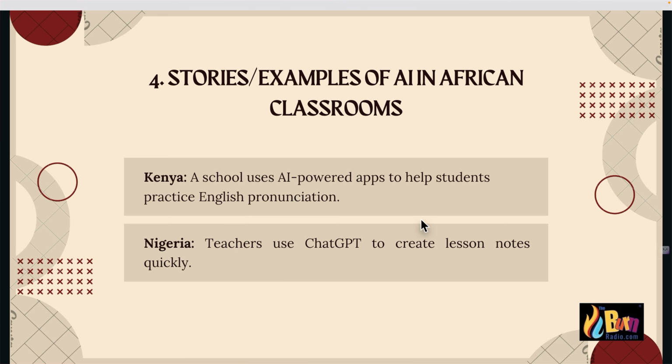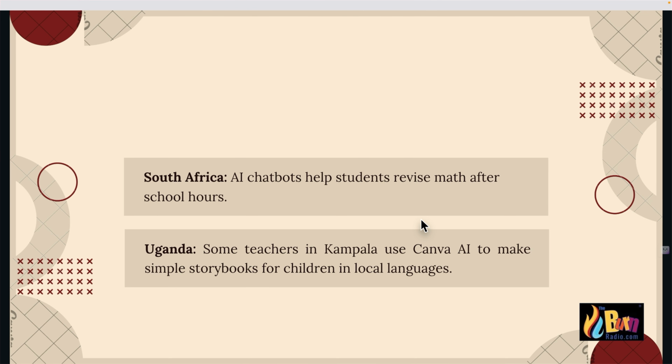And to give you some examples, or to inspire you, in Kenya there are many schools that use AI-powered apps to help students practice English pronunciation. In Nigeria, teachers use ChatGPT to create lesson notes quickly. And in South Africa, AI chatbots help students revise math after school hours. Can you imagine that?